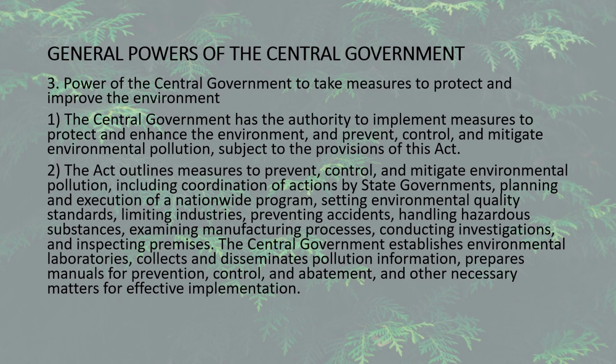Now here it talks about the measures. The measures may include restricting areas for certain industries, laying down procedures for preventing accidents causing environmental pollution, handling hazardous substances, examining manufacturing processes, conducting investigation and research on environmental pollution problems, inspecting premises, establishing environmental laboratories and institutes, collecting and disseminating information on environmental pollution and preparing manuals, codes or guides.